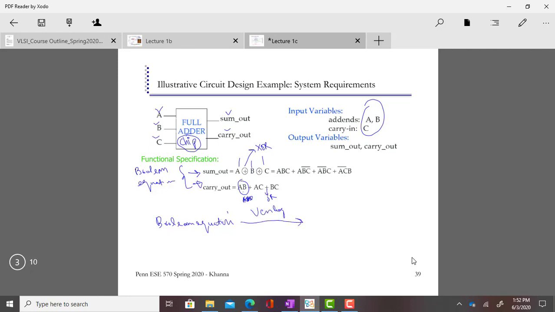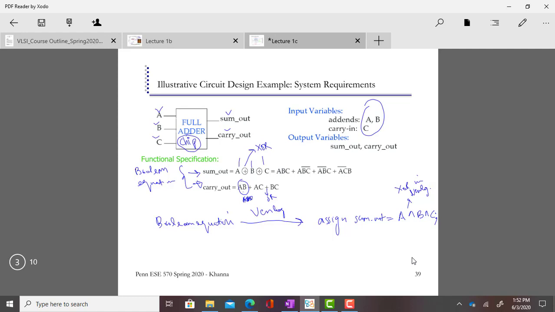For example, we may say assign sum_out is equal to A XOR B XOR C. This is XOR in Verilog. Don't worry if you don't understand this, but we will learn the Verilog language.